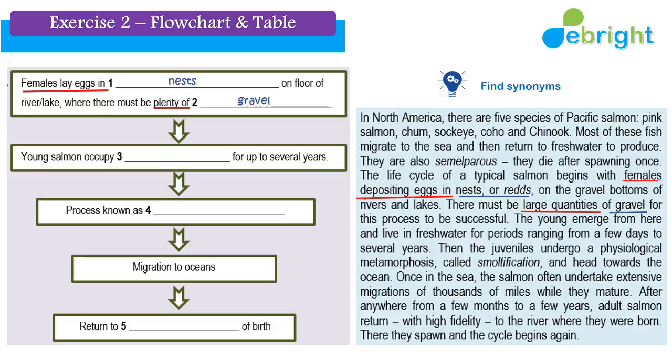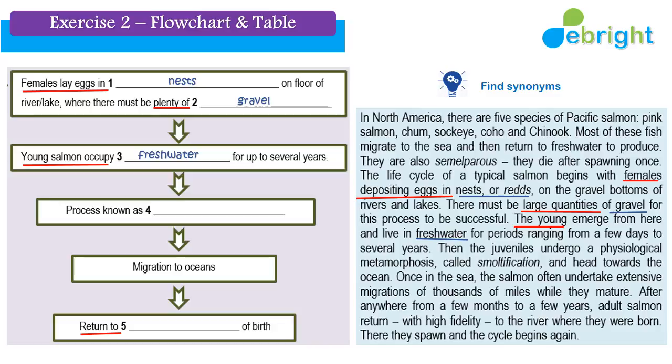While number 3, young salmon occupy blank for up to several years. Let's find the keywords. The keywords are young salmon occupy, and in the passage, the young over there. And then the answer is fresh water. Good.